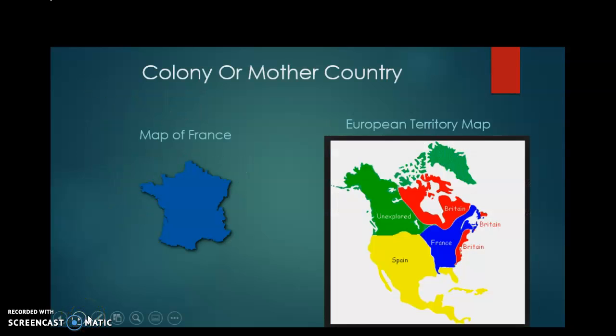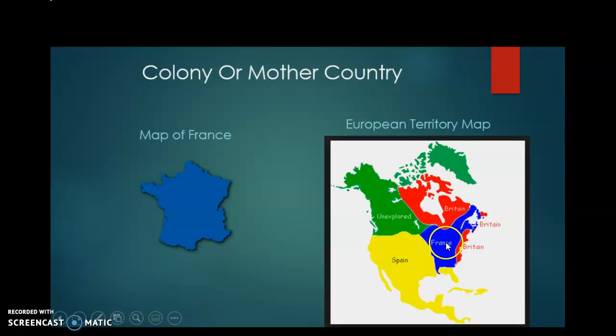So let's try this with an actual country that we went over. Which is the colony and which is the mother country? Well, France would be the mother country and the colony would be New France. Now, if you remember from our studies of the Native Americans and their interaction with the French, they traded furs.